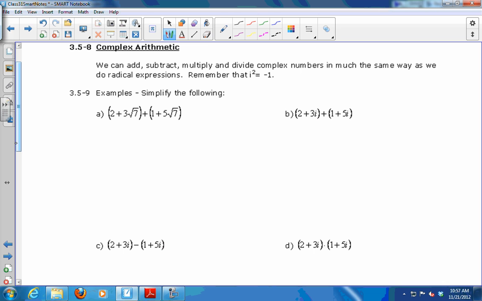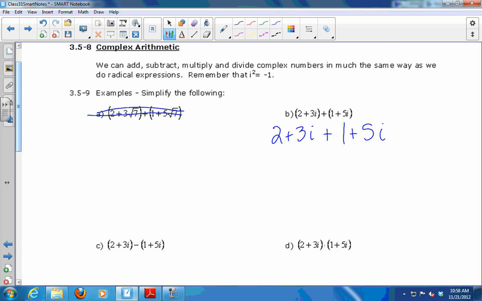So we can do arithmetic on complex numbers. It's very similar to arithmetic on regular numbers or doing algebra with variables. I'm going to skip this first one. We don't need it. If I go to B here, I have 2 plus 3i, one complex number, plus another complex number, 1 plus 5i.